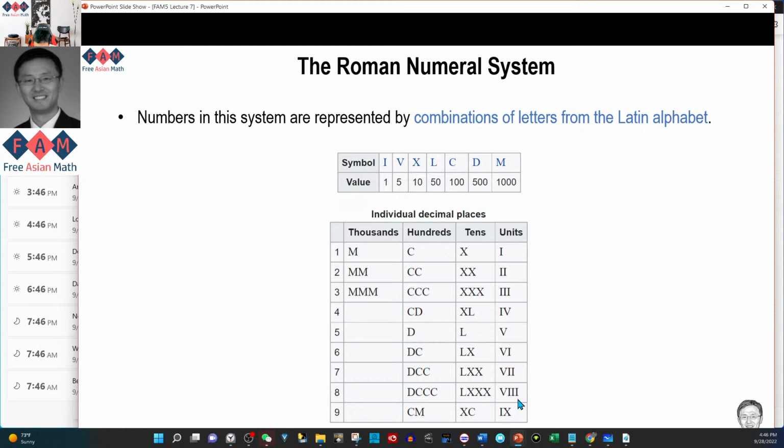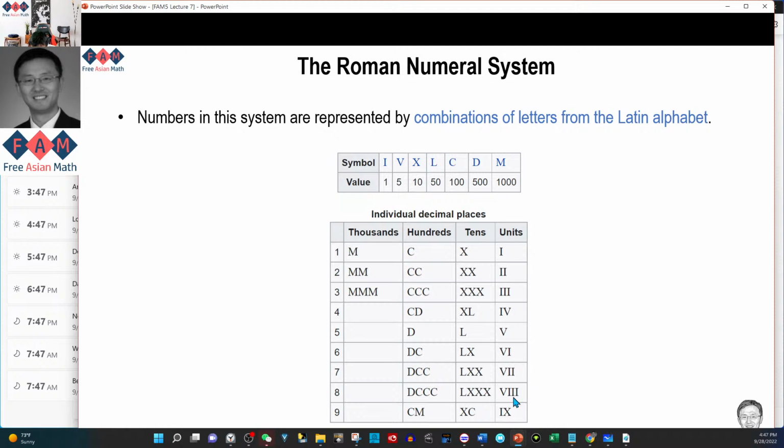Well, at this time, you can think that we can do 8 in a similar way. We put 2 1s on the left of 10 to get 8. Yes, in theory, that is possible, but this is a kind of hard-coded rule, so they decided not to do that.